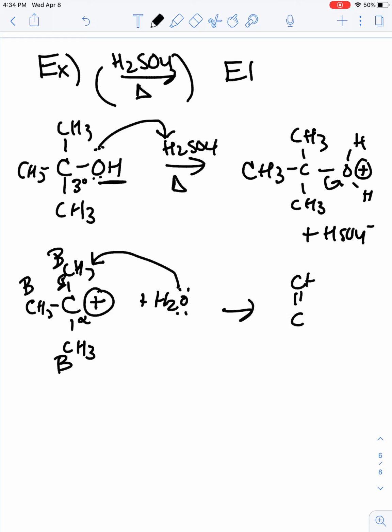And we will be left with the formation of our product. Again, there are more complicated substrates that you may see, but whenever you see sulfuric acid and heat, I want you guys to think, okay, this is going to proceed via an E1 reaction only.